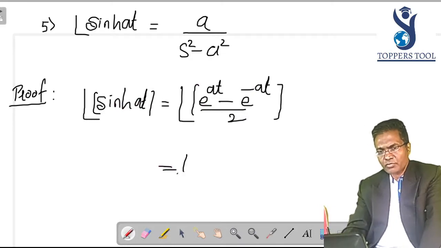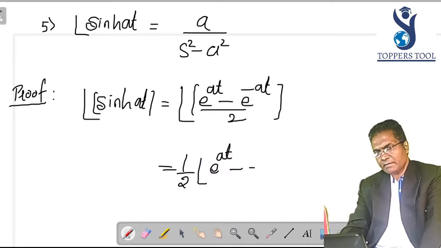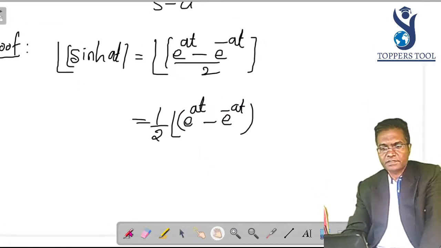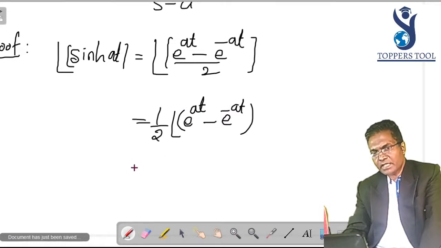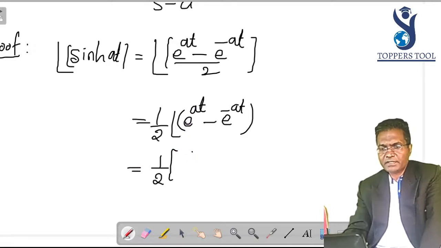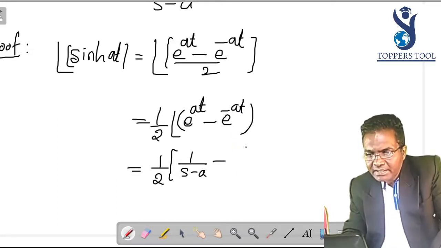Now take 1 by 2 common. So L of e power at minus L of e power minus at. Now you know the Laplace transform of e power at, just apply that. What is the Laplace transform of e power at? It's 1 by s minus a. Laplace transform of e power minus at is, as I mentioned earlier, 1 by s plus a.